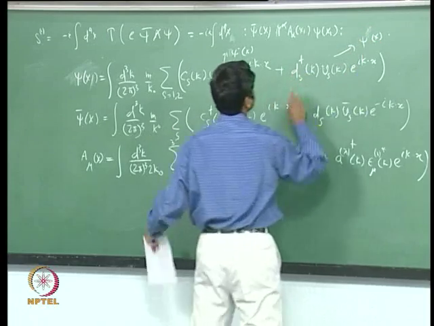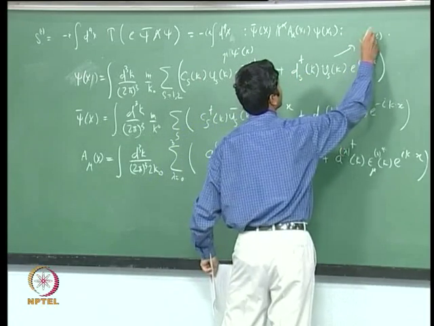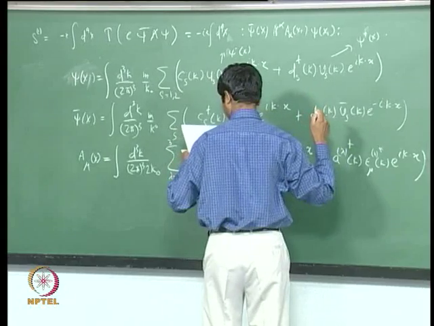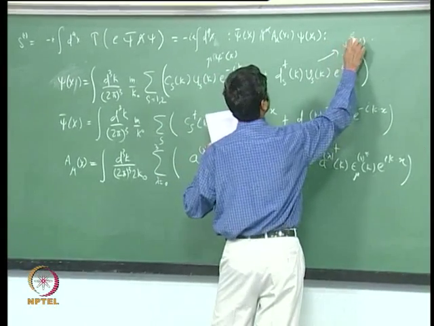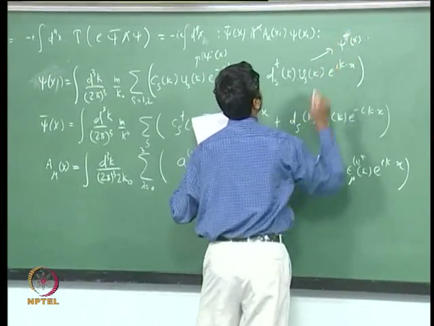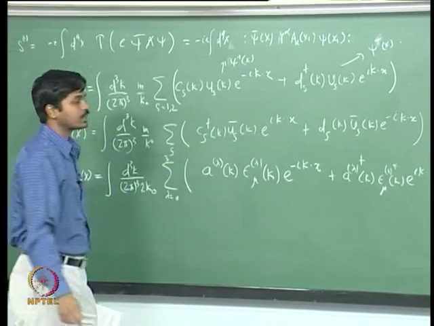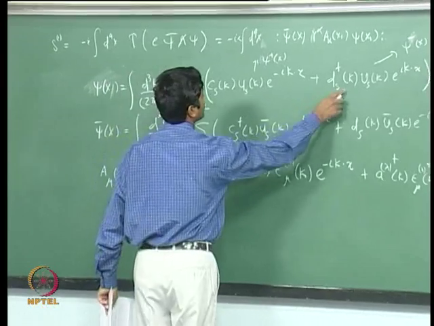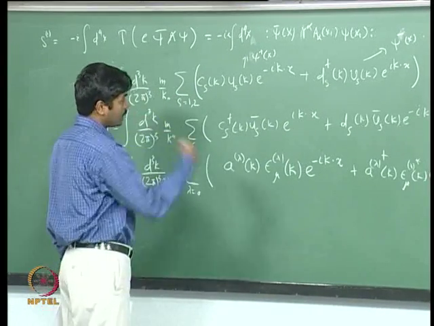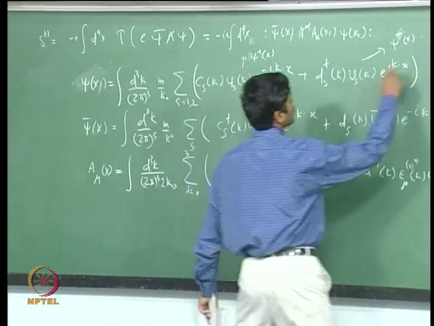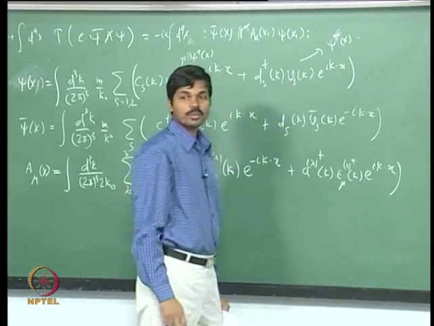This is the creation part. This I will denote as psi minus, this I will denote as psi plus of x, because this is the positive frequency part and this is the negative frequency part. This operator actually is a creation operator for an electron.